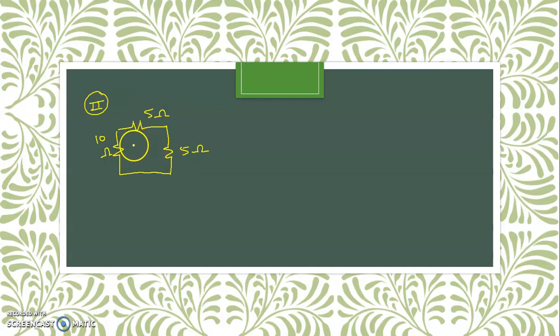In the second loop, the current is small I2. The orientation is clockwise. So this I2 is passing through 5 ohm, then another 5 ohm, and then 10 ohm. But through this 10 ohm, we have another current which is flowing from loop 1. That current is I1, which is downward.